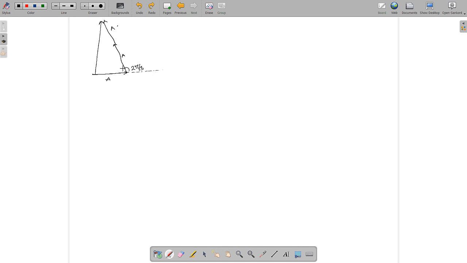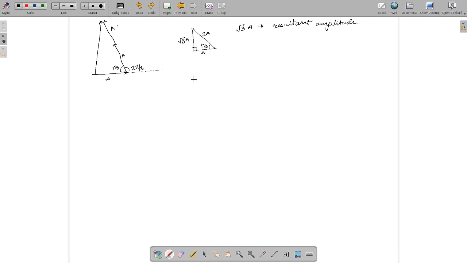As we can see, the angle is 2 pi by 3, so this will be pi by 3, and this forms a triangle where this side is 2A and this side is A. This side will obviously be perpendicular to it. This is 2A, this is pi by 3, so this side should be equal to root 3 A. Root 3 A is the resultant amplitude.